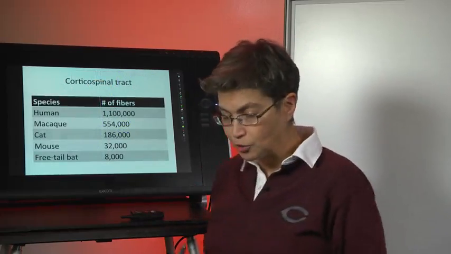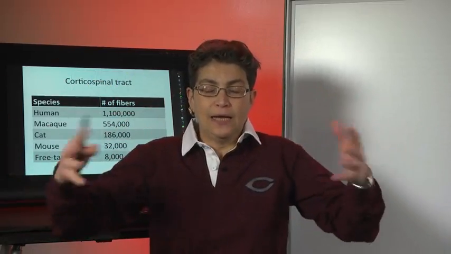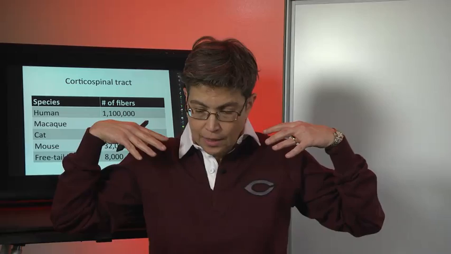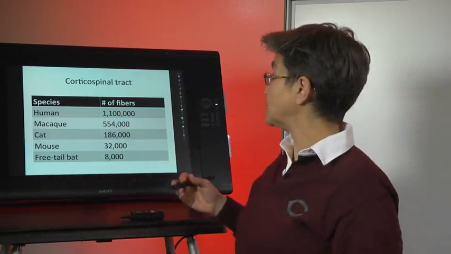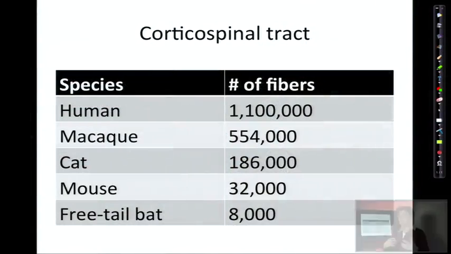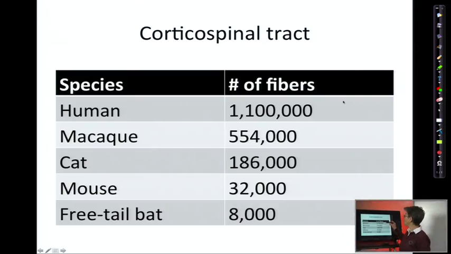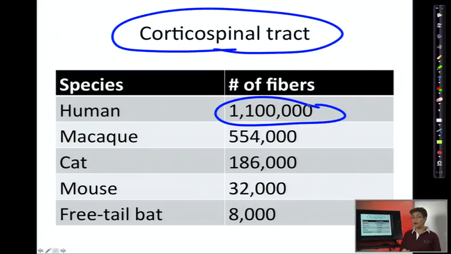My right motor cortex is controlling muscles on the left side of my body. Now, the corticospinal tract is incredibly robust and large in us. It's large in primates, and particularly large in us and some other mammals as well. How many fibers are in it? Well, we have over 1 million fibers.